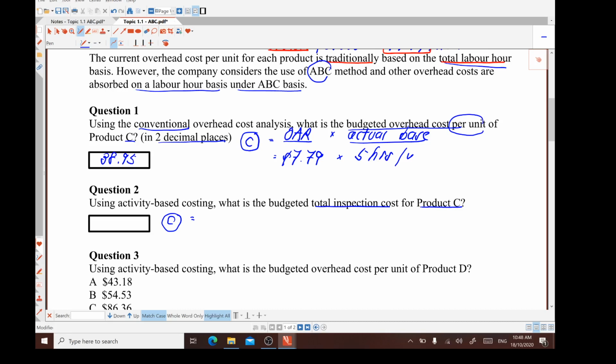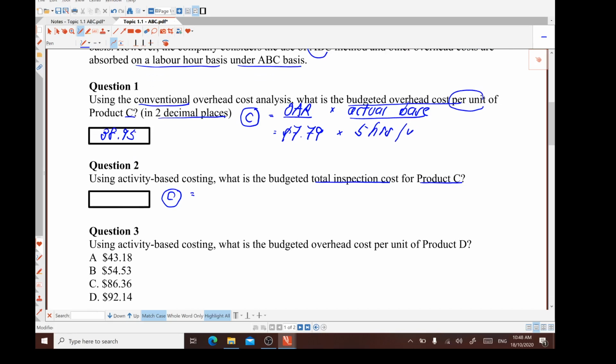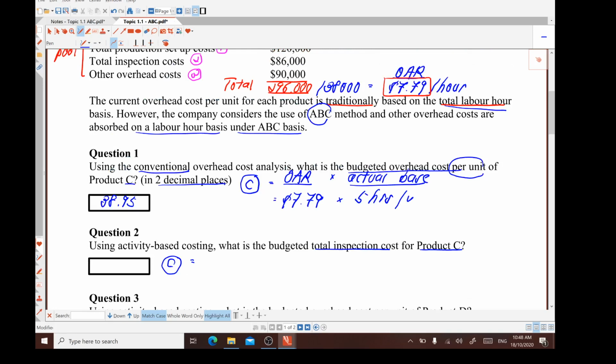Now, that's a very good question. Now, I would personally think that if it's possible, what you can do is to use this way, and that will be faster. Check and see. What is your inspection cost right now?